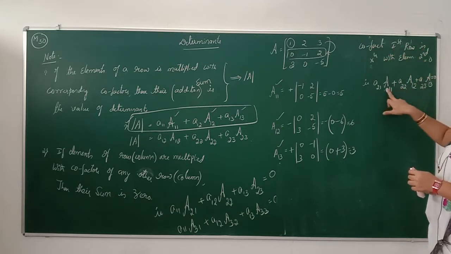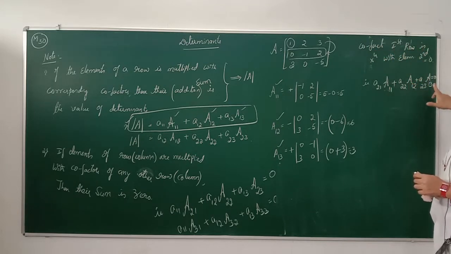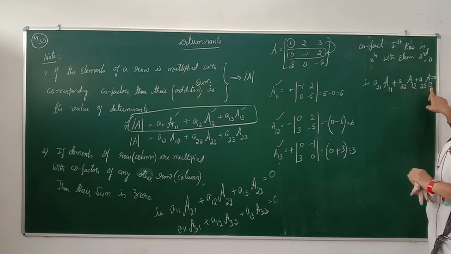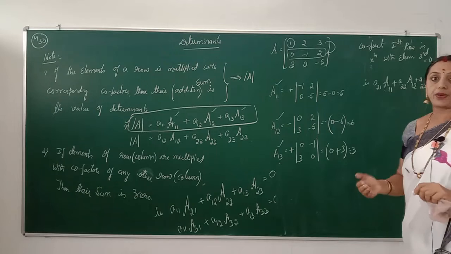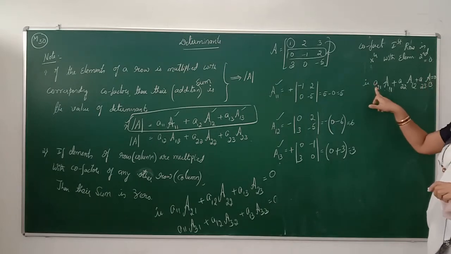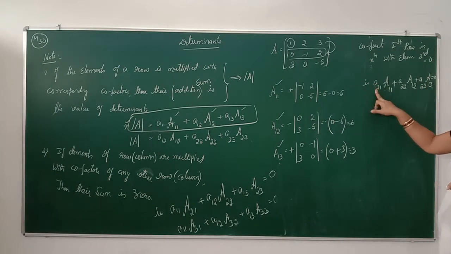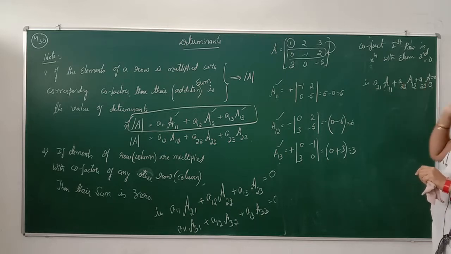A11, A12, A13 are the cofactors of the first row, multiplied with elements of the second row. The second row elements are a21, a22, a23 and their sum is nothing but 0.